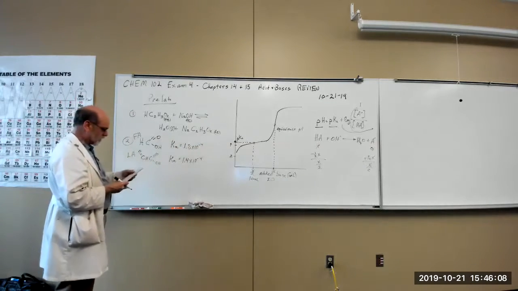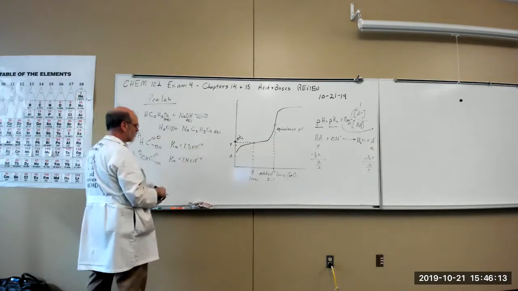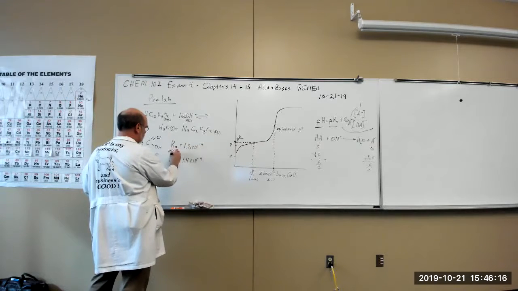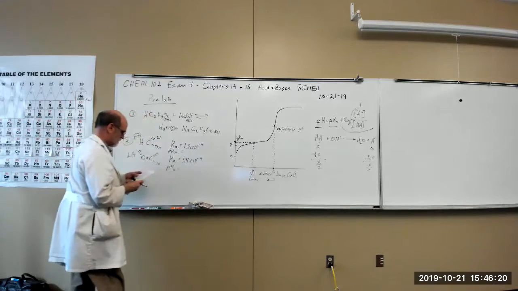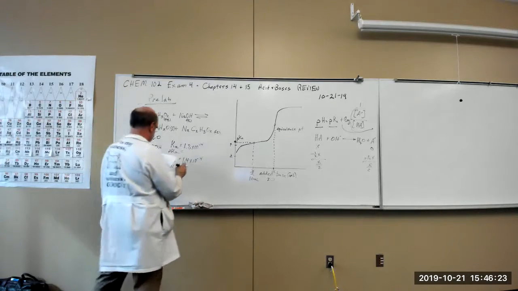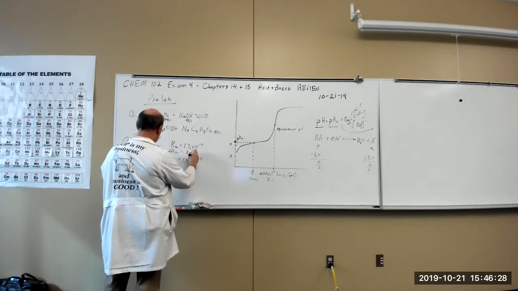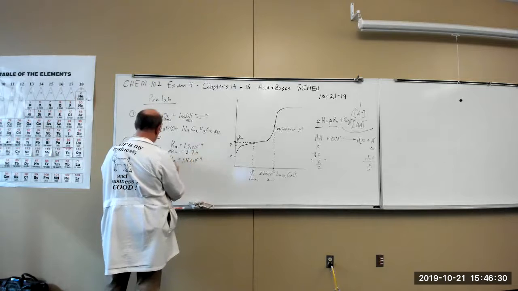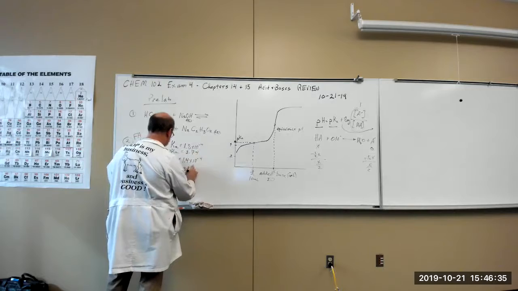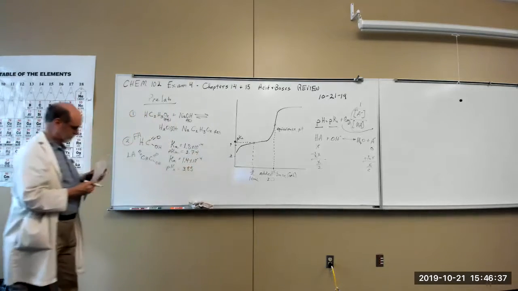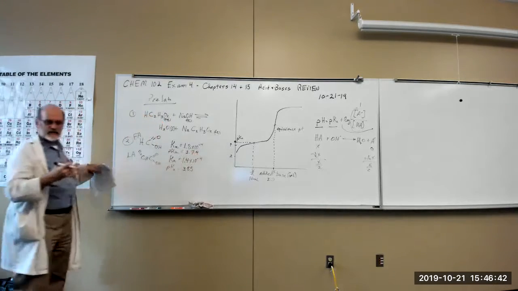Now the next question is, what's the pKa of each acid? Well, we just take the negative log of each one. pKa here, pKa there. This one turns out to be 3.74 for formic acid, and this one is 3.85. So the pKa's are like the pHs.